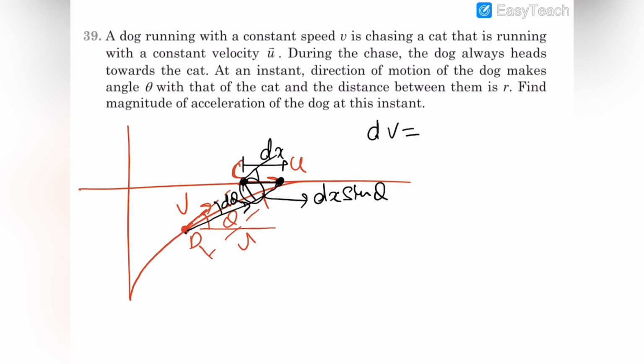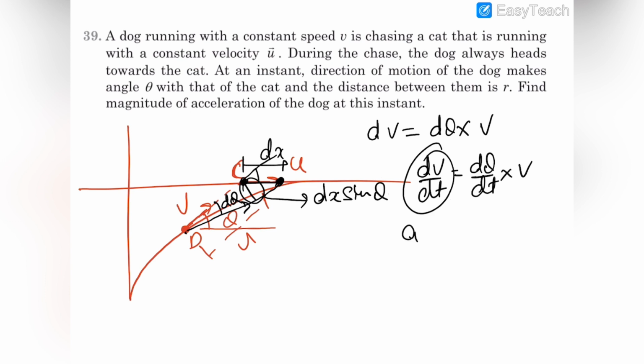So dv will be equal to arc into radius, and this arc is the change in velocity, so dv will be equal to d theta into v, which we have already used in the previous problem. Now dv by dt is the acceleration, so dv by dt is equal to d theta by dt into v.